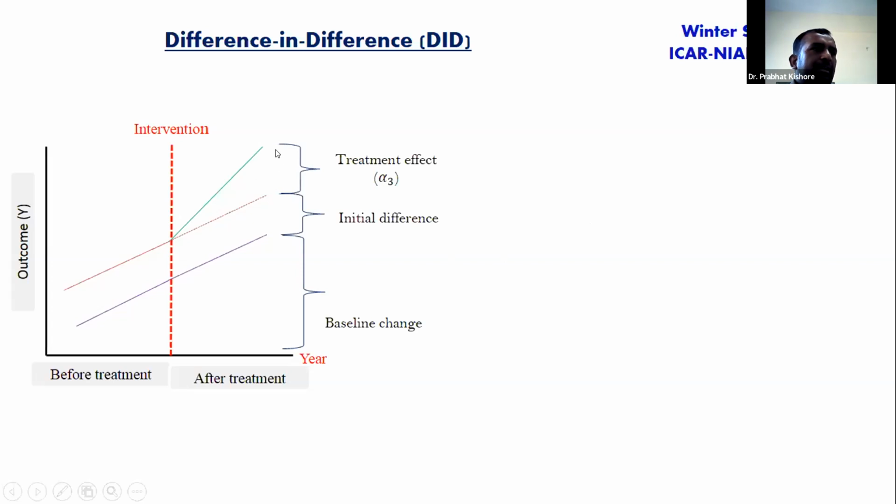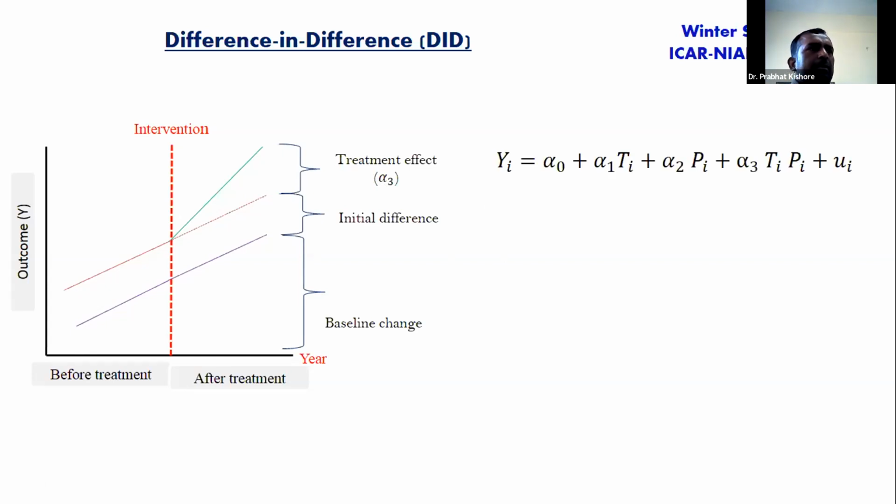So we are interested here to find out, because if you are seeing the parallel trend, these are the initial differences, and something will change over the period of time. What we are considering is the baseline changes. So we are very much interested in finding this gap, and if we consider that both groups, control and treatment, are very much similar to each other, this will be the treatment effect.